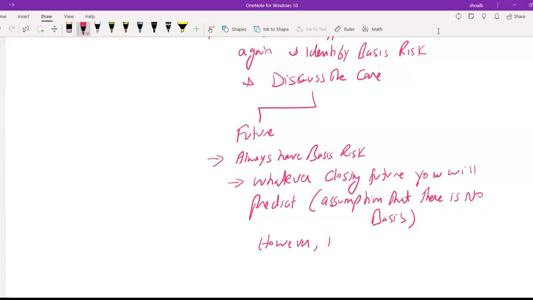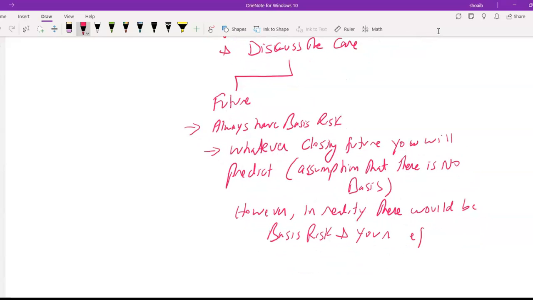However, in reality, there would be basis risk, and your effective rate will be different. Okay, you have to incorporate this point in your discussion.